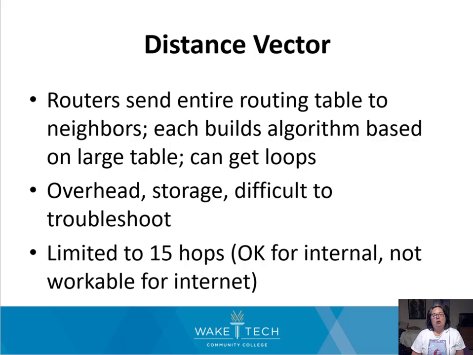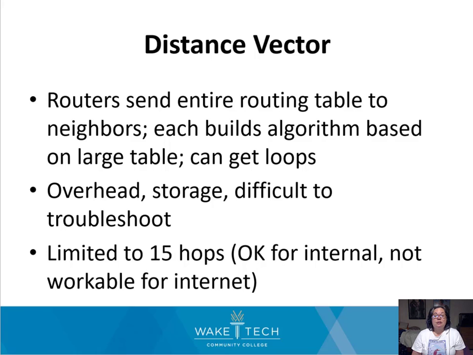And you can get caught in loops if someone builds an algorithm that says, we go to this one first, and a different router says, no, we go to this other one first. You can actually watch traffic go in circles without getting to its destination. So that's a little tricky. Because of that, when things go wrong, they're more of a pain to troubleshoot.